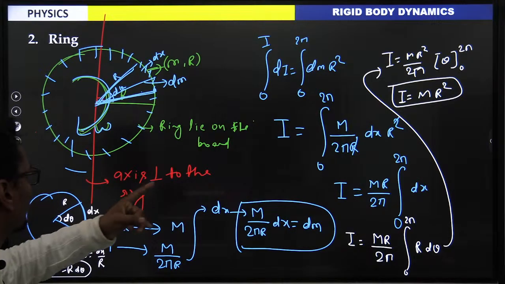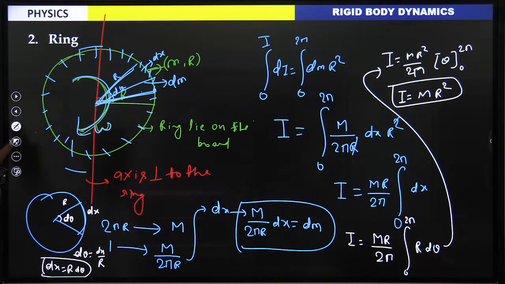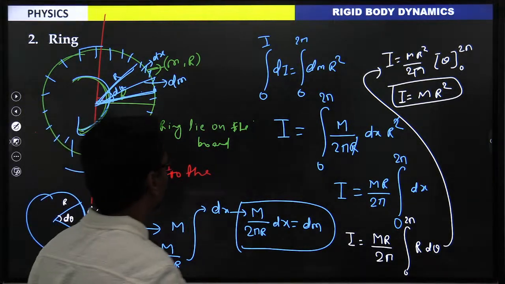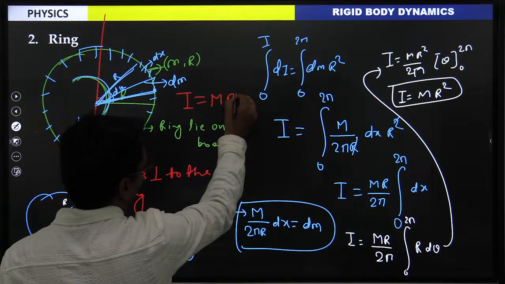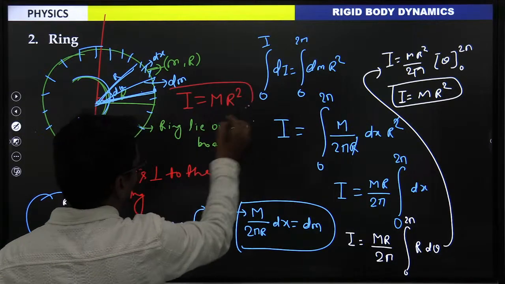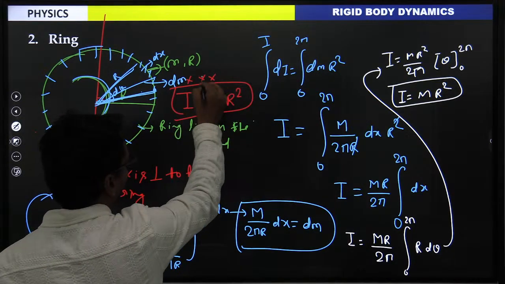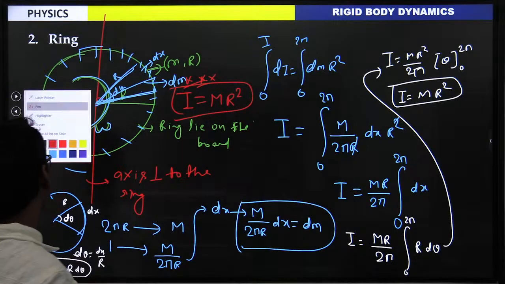Now you can look here, what is the moment of inertia of the ring? You can remember this important result, I is equal to m r square.